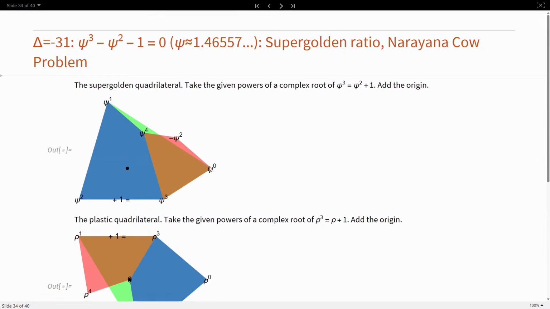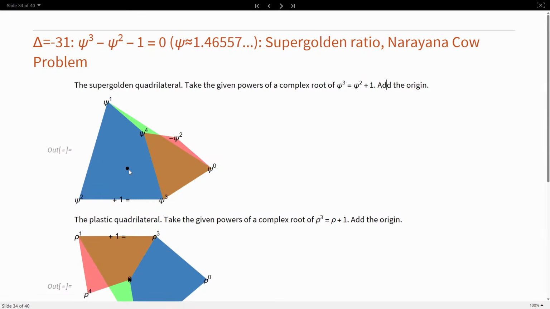So if we just take the super golden ratio and we take a look at one of the complex values of this, and we just look at the powers of that complex number, here's the 0th power, the first power, the second power, the third power, the fourth power.